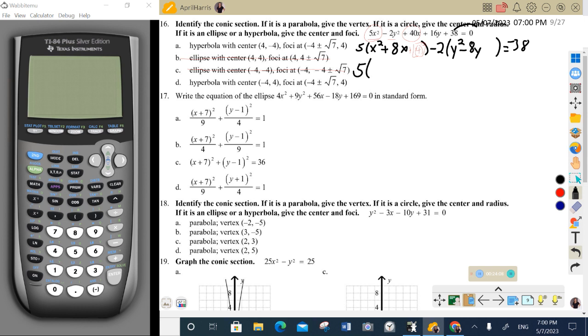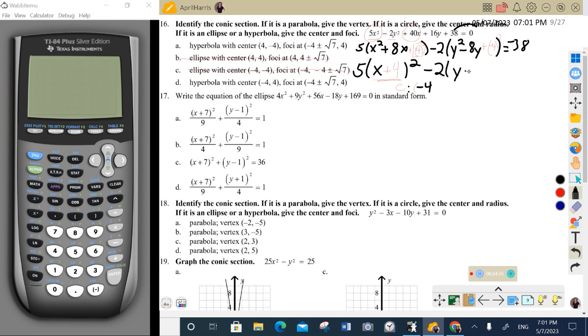So watch this. If I rewrite that trinomial as a binomial squared, I got positive 4 in there. So that tells me the x value of my center is not 4. It's going to be negative 4. And if you were to complete the square on the y's, you got half of b, which is negative 4, quantity squared.